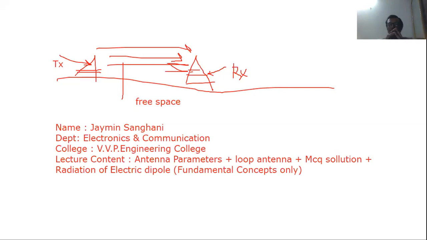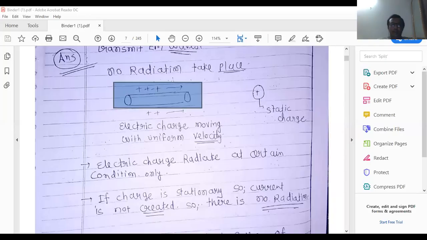Now, how is an antenna able to transmit and receive the electromagnetic wave? According to MCQ, see, if this wire is straight, then it is not able to radiate the electromagnetic wave.